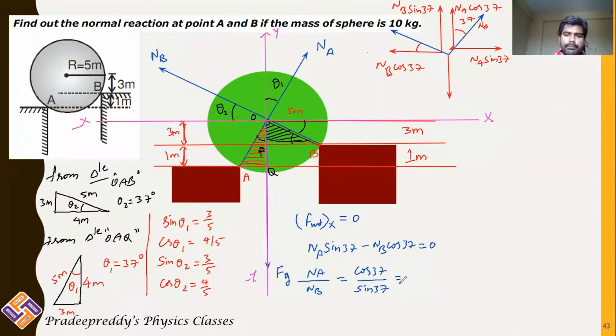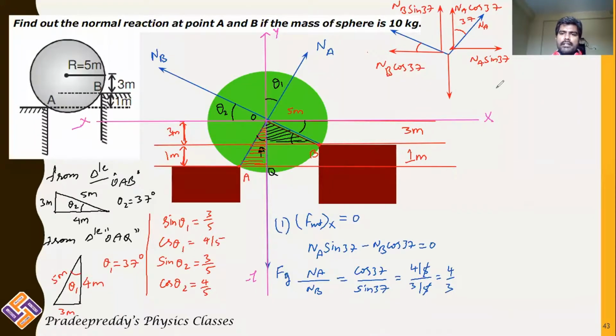This gives you cos 37 and sin 37. You just substitute those values. Cos 37 is 4 by 5. Sin 37 is equal to 3 by 5. 5 and 5 get cancelled. That is 4 by 3. NA by NB is equal to 4 by 3.